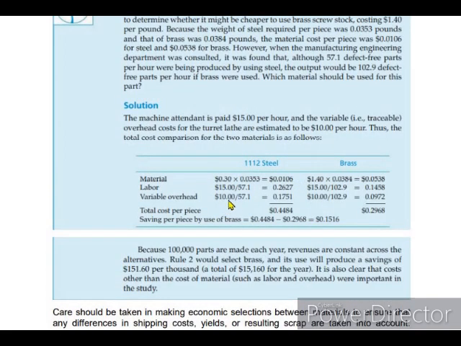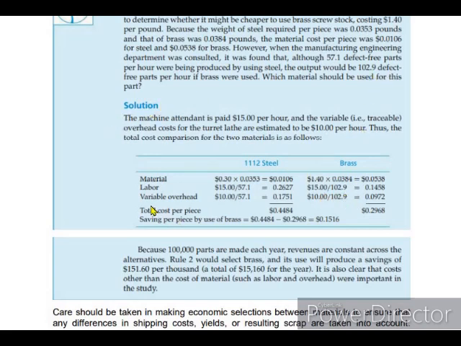So why $15? $15 is divided by 57.1 here because we are getting the cost per piece, because we have 57.1 defect-free parts, okay, for steel. That's why we are dividing it. We are getting the cost per piece under the labor. Okay, the same with the brass. $15 is divided by 102.9 defect-free parts.